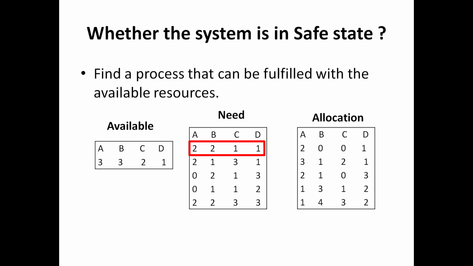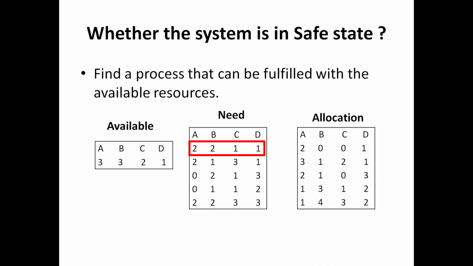First question is whether the system is currently in safe state. So how do you decide whether the system is safe or unsafe? The Banker's algorithm comes into picture for this particular solution. According to Banker's algorithm, we have to keep completing processes with the available resources, and every time you complete a process, you can claim all the resources held by that particular process, and your available resources get increased.